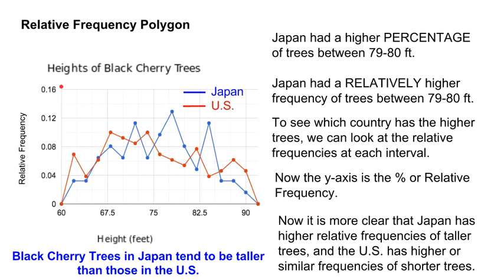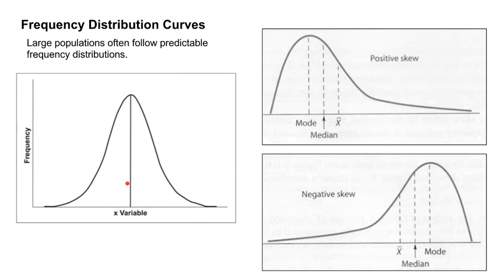So this leads us, from a relative frequency polygon, to frequency distribution curves. So these are the same thing. They just look curvy. Why? Because when we have really large populations, things tend to smooth out. They tend to follow predictable frequency distributions that we know, which is what we're going to talk about over the course of this week.